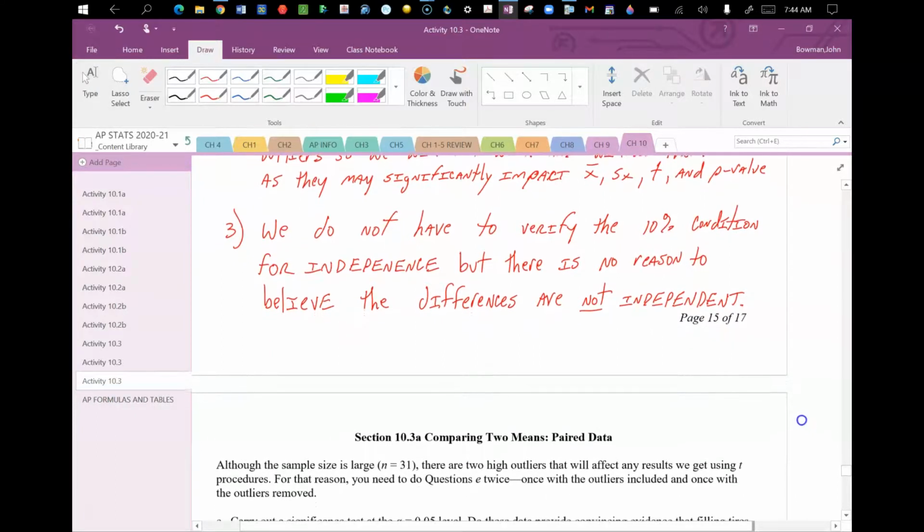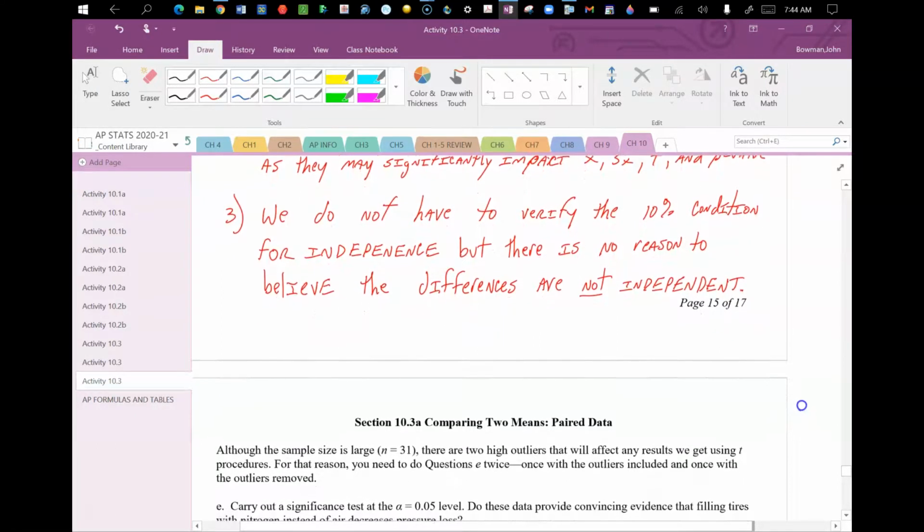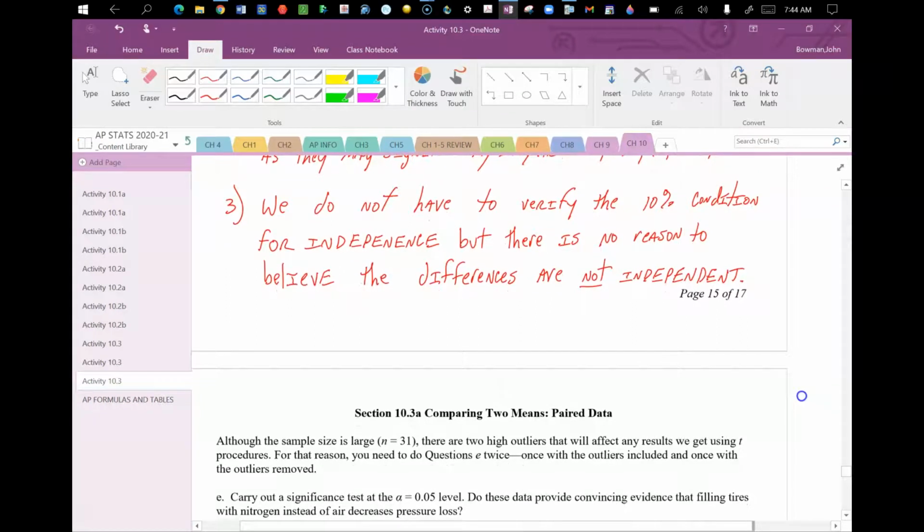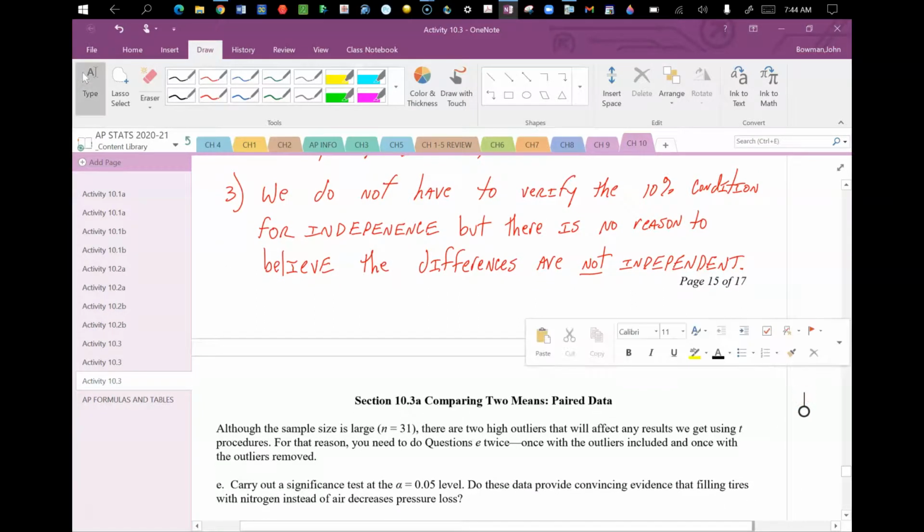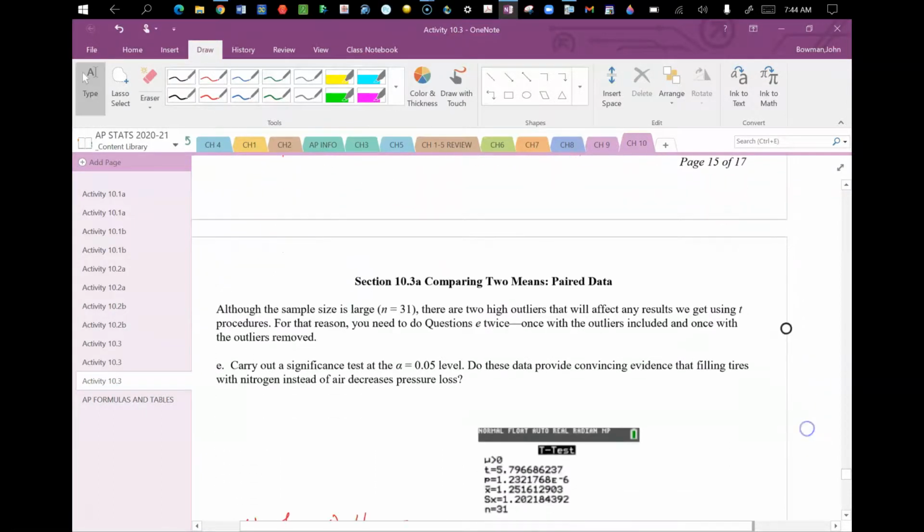We don't have to verify the 10% condition there because there is no sampling without replacement, but there's no reason for us to believe that the differences from tire to tire, not within tires, but from tire to tire, are not independent.